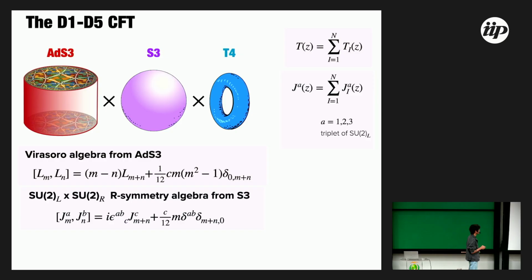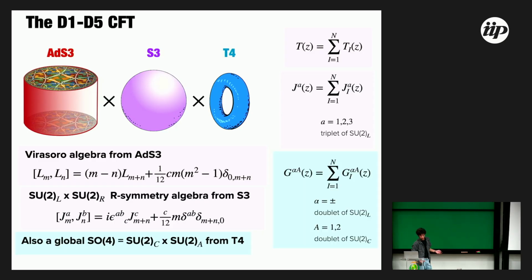You actually have 2 copies of this. You have another set of generators, one for each SU2 that make the symmetry of S3. And you have a global symmetry corresponding to the symmetry group of the torus, which is kind of SO4. This is not an intrinsic symmetry, but you can use it as an organizational principle.